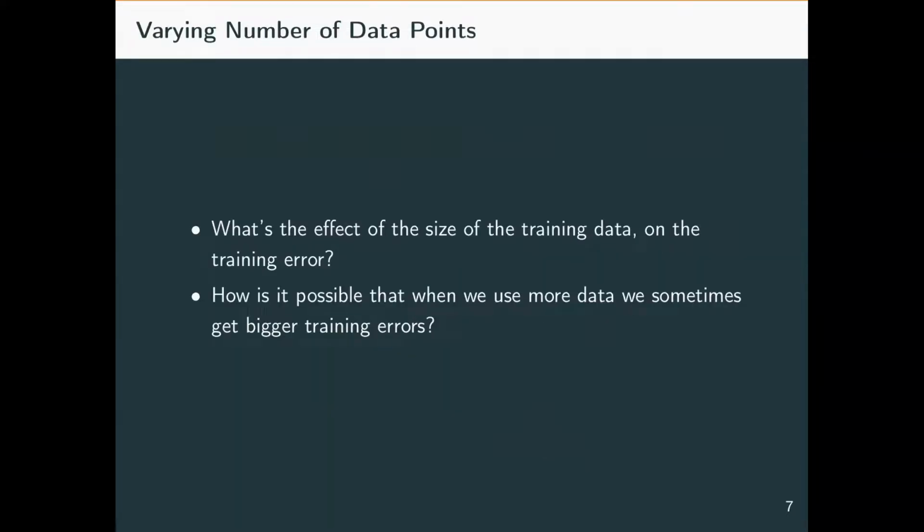Then there were questions such as what's the effect of the size of the training data on the training error? How is it possible that when we use more data, we sometimes get bigger training errors? These are kind of corner cases.